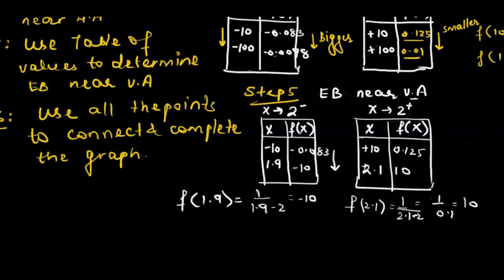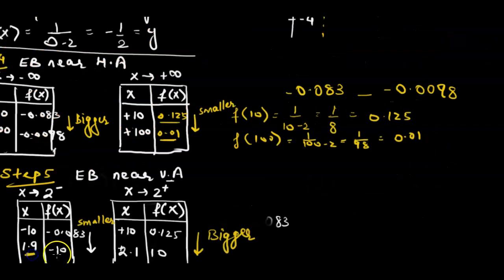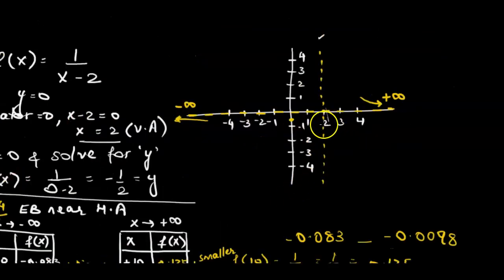Big negative value means the value becomes smaller. Whereas when we are approaching from the right side, it becomes a bigger value. At 1.9, we have a negative 10, which will be going here. And at 2.1, we would have a positive 10 that is going this way.